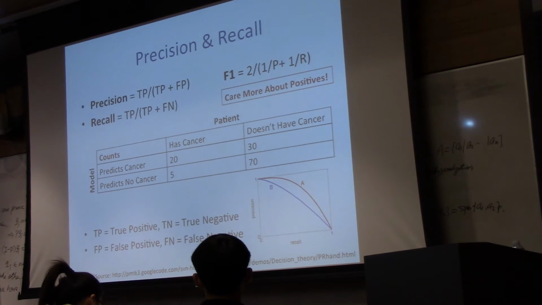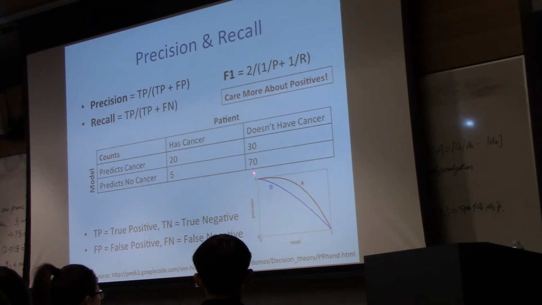So people often, when they plot the performance of a model, plot what's known as a precision recall curve. Usually the examples the model is really confident about, like I'm really confident that this patient has cancer, are true. So as you decrease how much recall you care about, precision goes up.